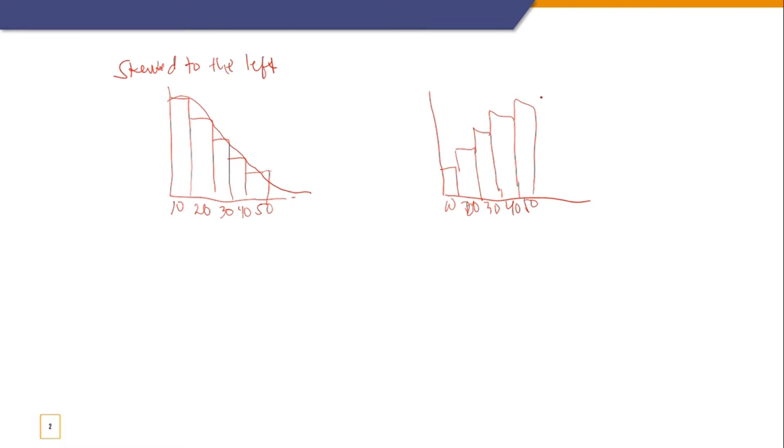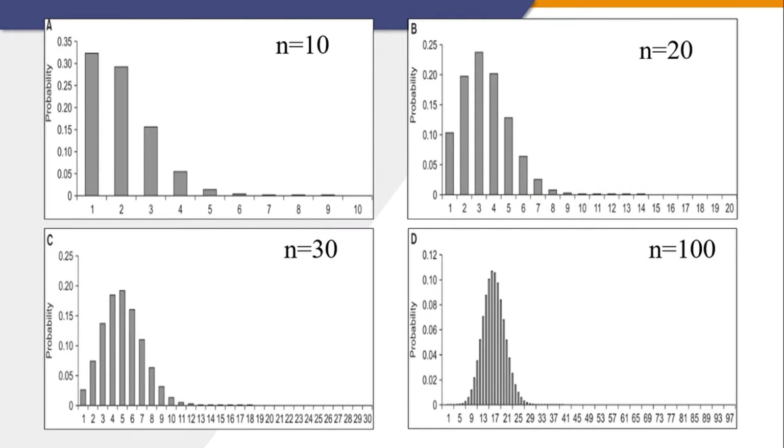So, yung curve niya is pag ganito, nandito sa right yung peak niya and yung tail niya is nandito sa left. So, ito yung tinatawag nating skewed to the right. Now, before we proceed to the discussion, let's first observe these illustrations.